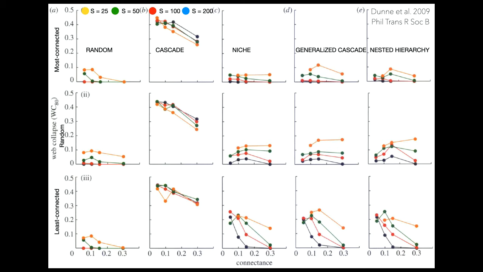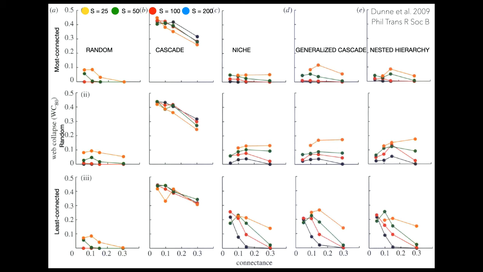Yet, in the niche model, we can see that losing species from the most connected to the least connected has an impact on the robustness depending on the number of species. The same can be observed in the other similar models.